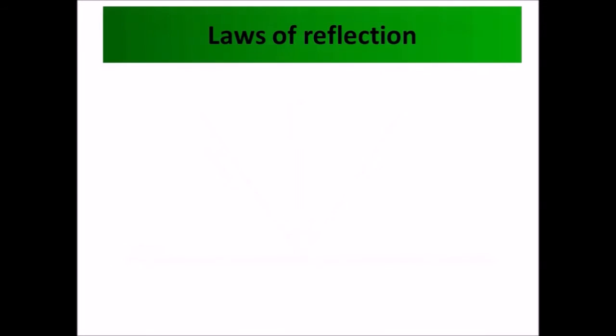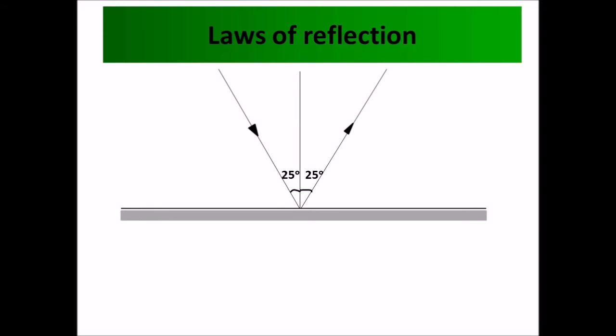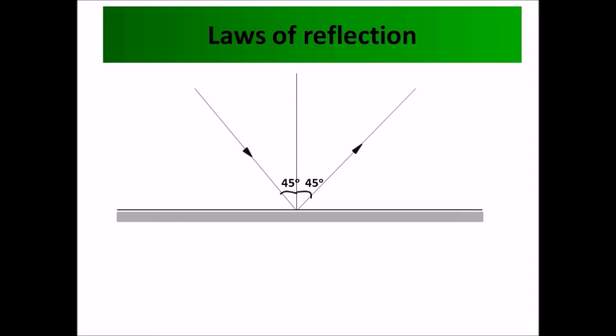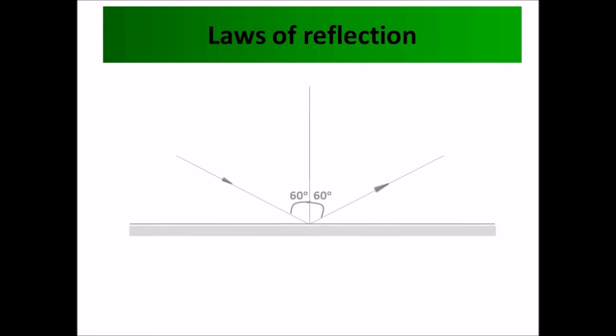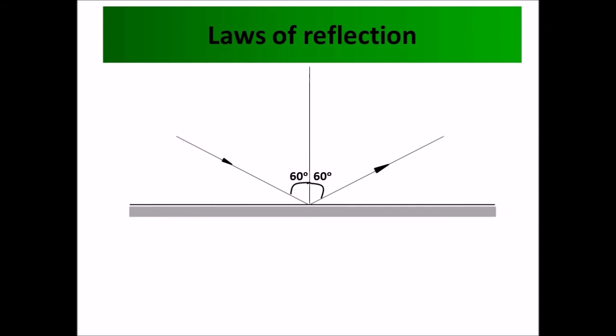The laws of reflection. So in doing this, consider the following diagrams. So first, look at the two angles 25 degrees and 25 degrees. Next, look at the two angles now 45 degrees and 45 degrees, then 60 degrees and 60 degrees.